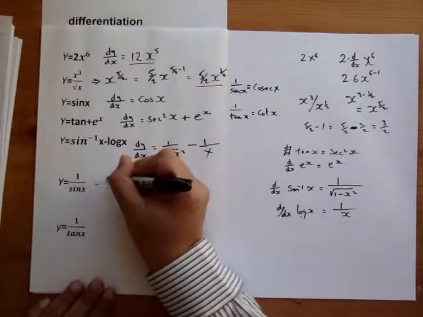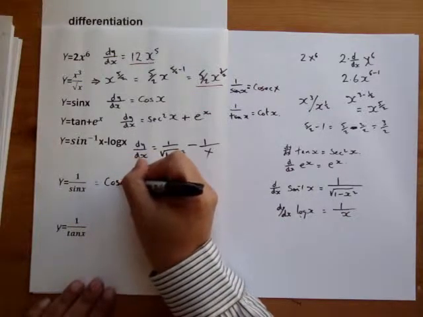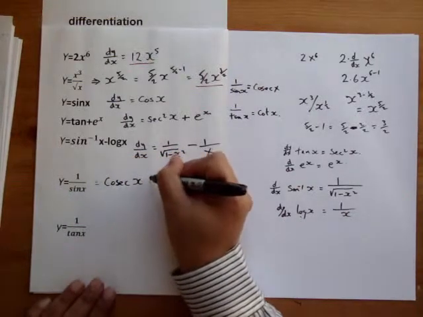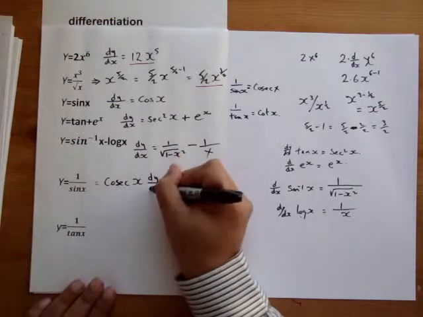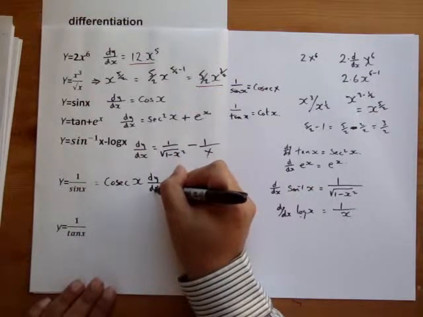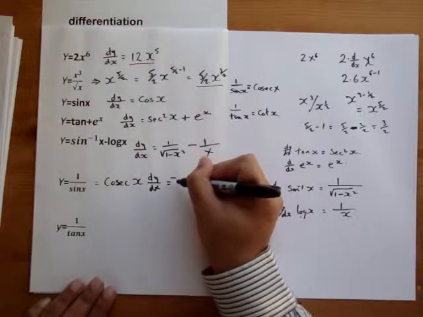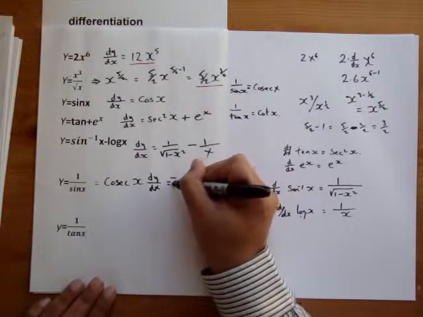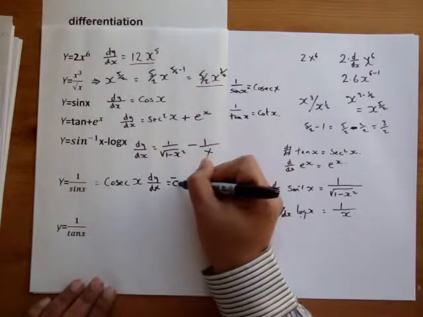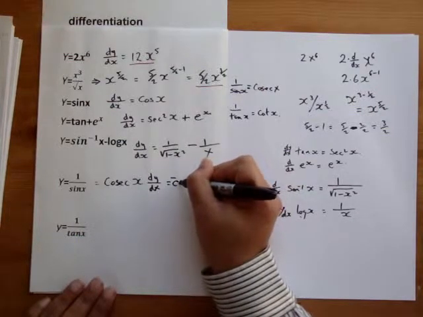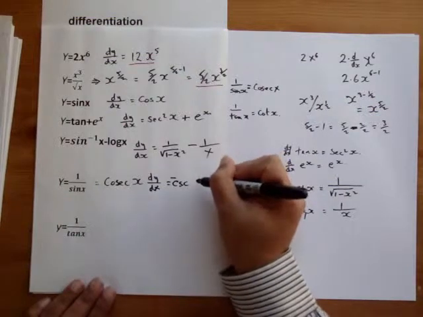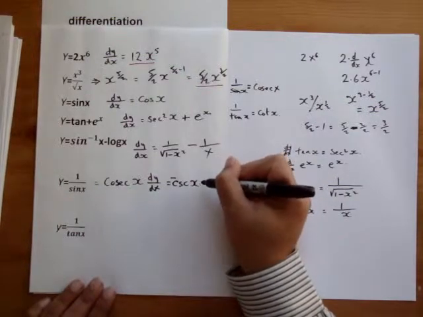So this one equals cosec x, and dy by dx is minus cosecant, let's put that as CSC x cot x.